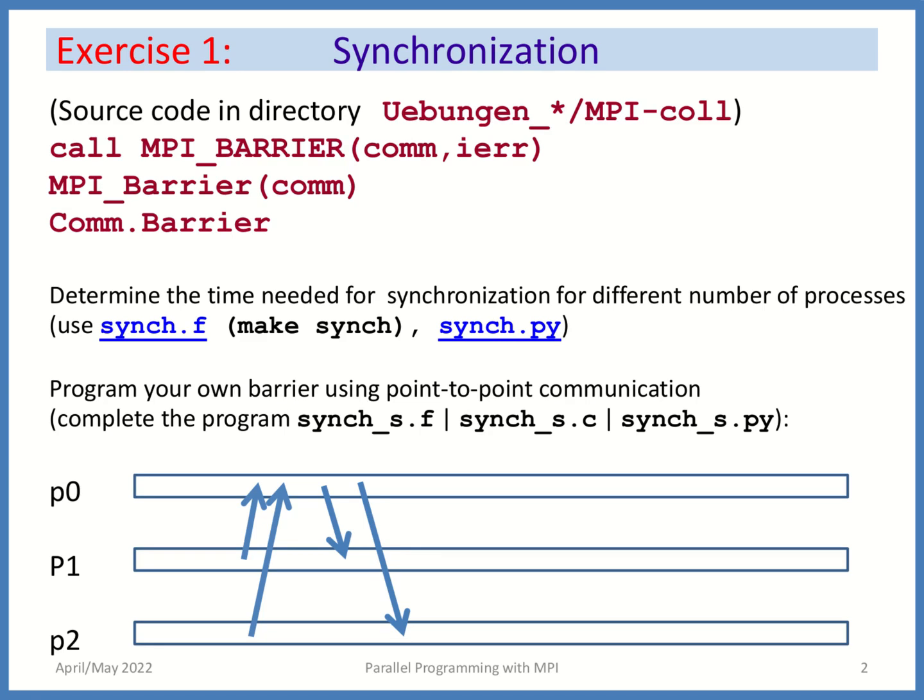And you can start just with a skeleton file where everything has been written, except just the exchange of the message from all processes to process 0, and then the signaling from process 0 to all other processes, which you should do yourself. You can start with the program sync_s, which means self-made.